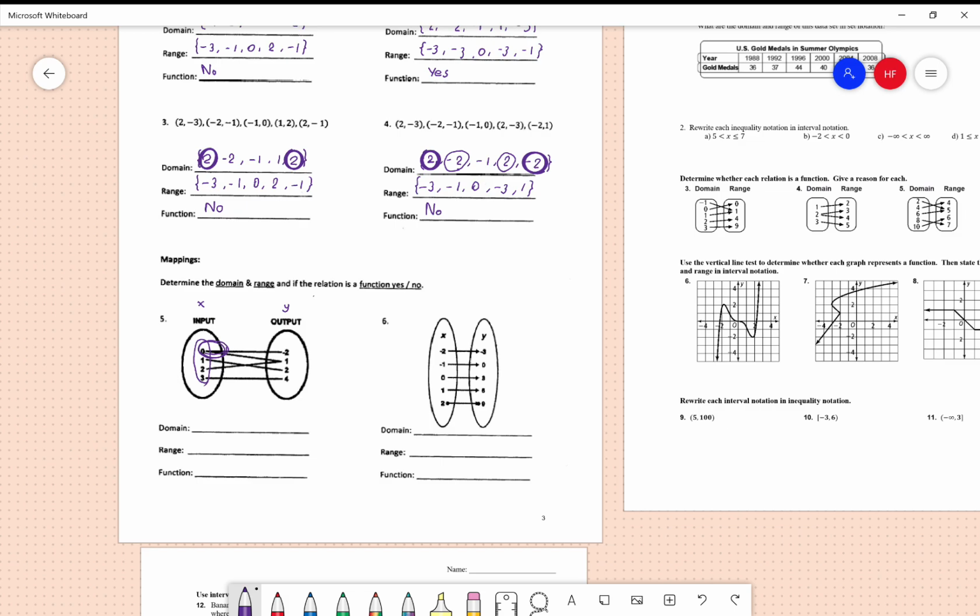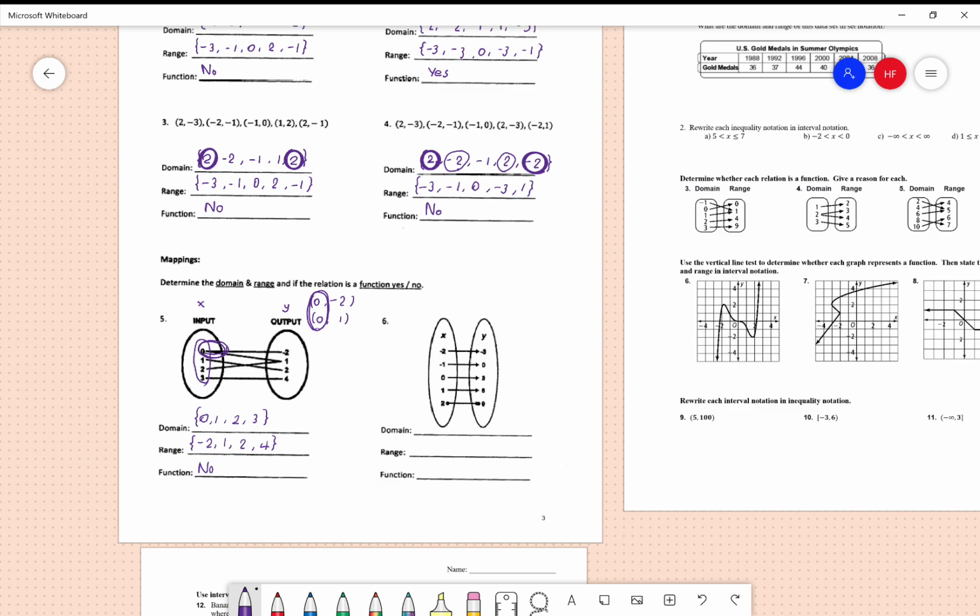So if we wrote out the point, we would have 0, -2, and 0, 1. We can't have that same x twice. So this is not a function. Our domain are all of our x values, so 0, 1, 2, and 3. And our range is all of our output values, our y values, so -2, 1, 2, and 4.